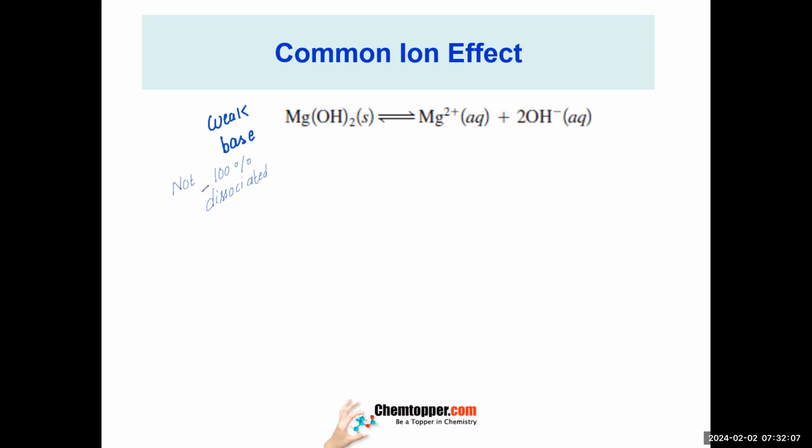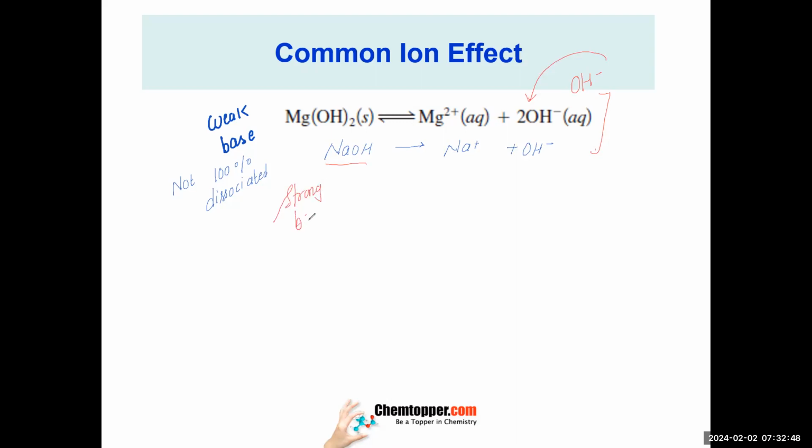Okay, children. So a weak base is not 100% dissociated. It's only partially dissociated, you can see. Now in this equilibrium, if I add NaOH, NaOH is a strong base, which is Na+ and OH-. Why am I repeating this again and again?